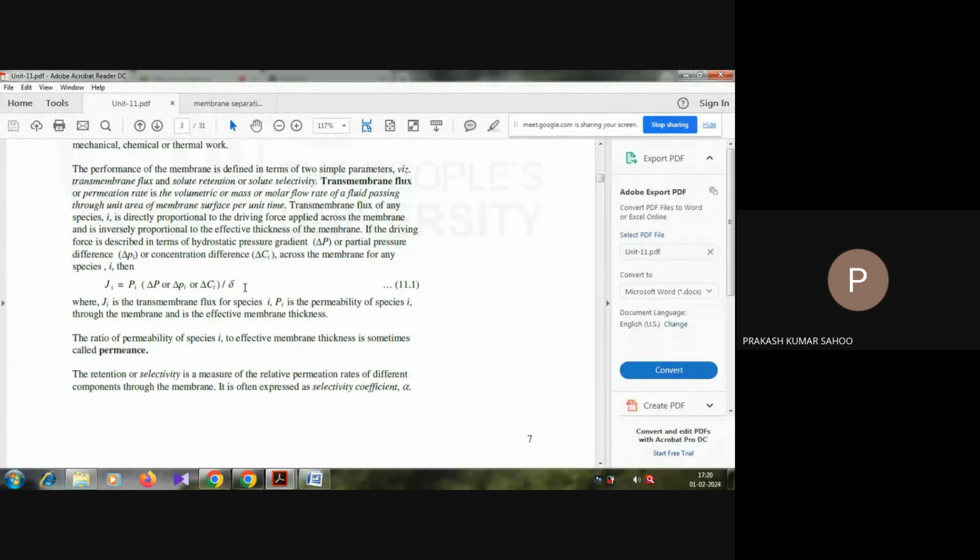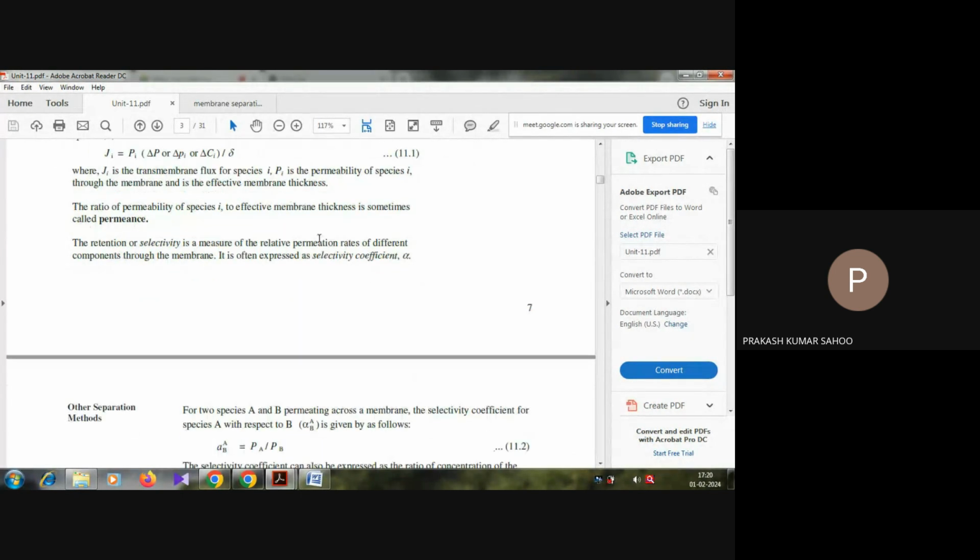Sorry, delta is the unit area. Where Ji is the transmembrane flux, the ratio of the permeability of the ith species to the effective membrane thickness is sometimes called permeance. Just remember this word, permeance.